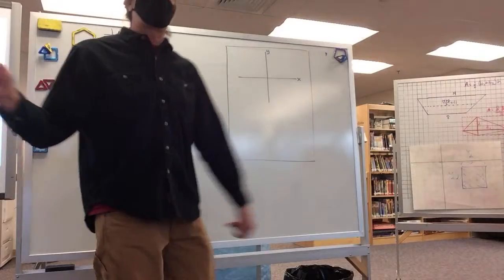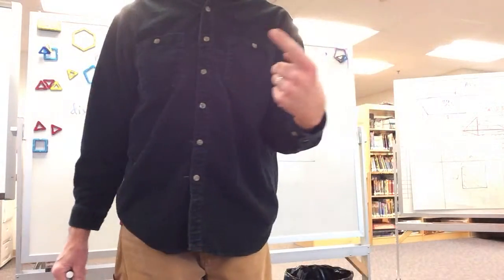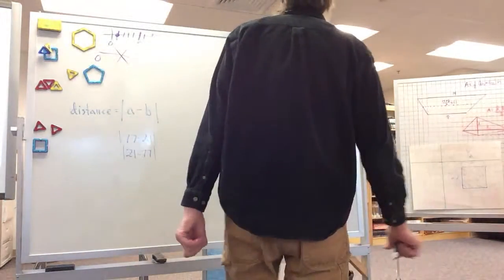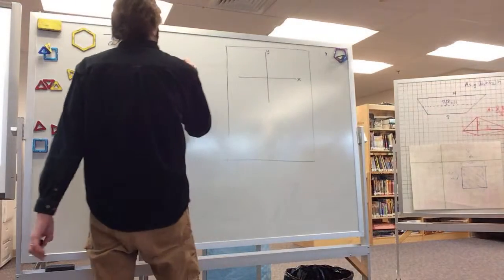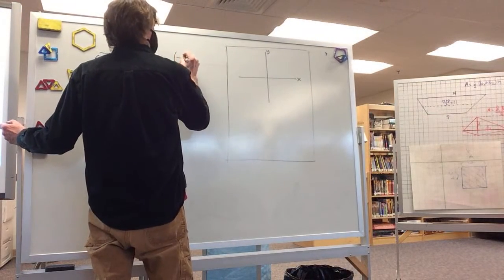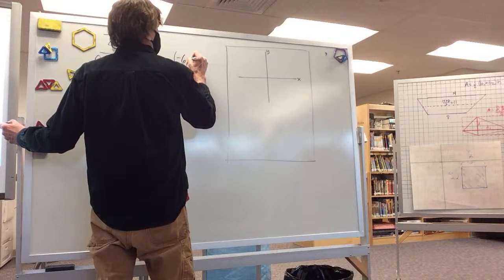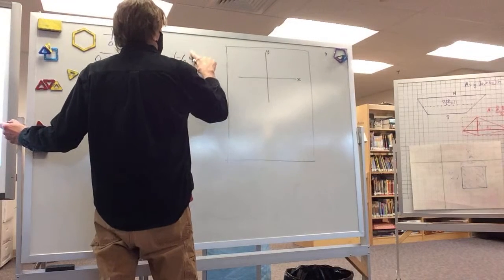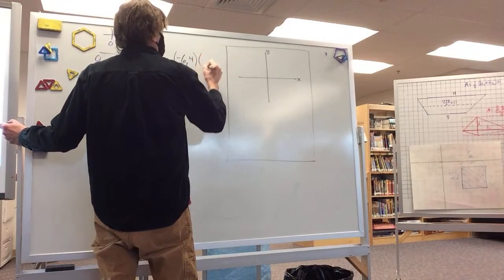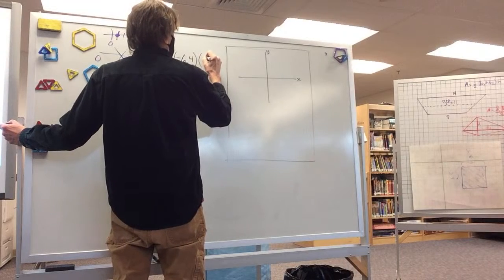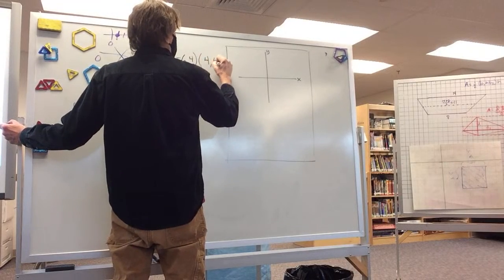And I'd like you to plot 2 points. I'd like you to plot the point -6, 4, and 4, 4.